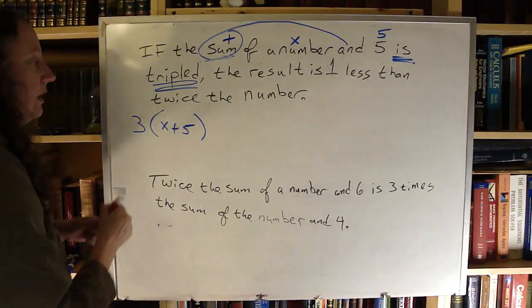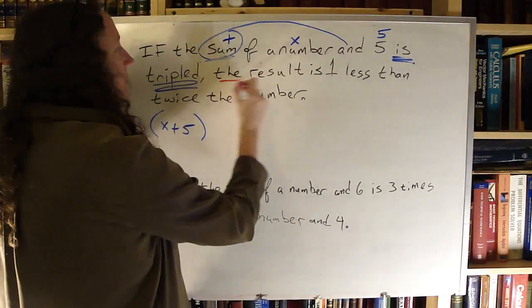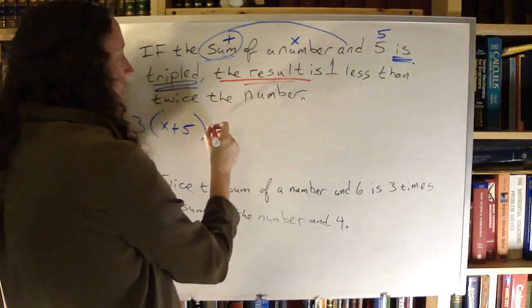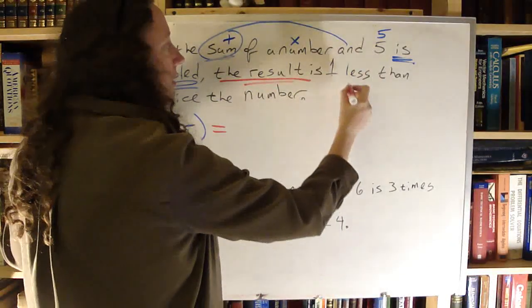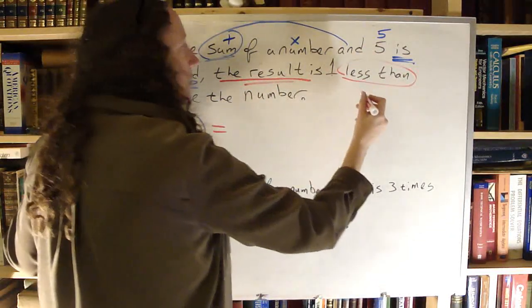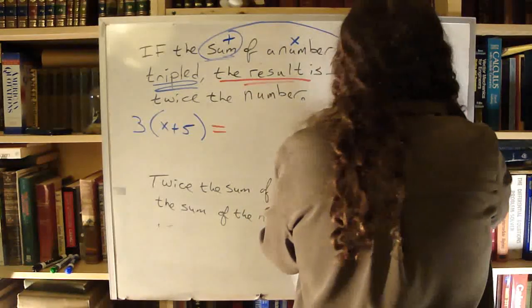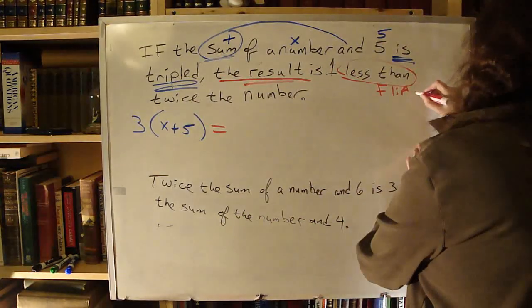Other side of the equal sign, because we have the result is, that's my equal sign, 1 less than. So this less than tells you to flip and subtract.